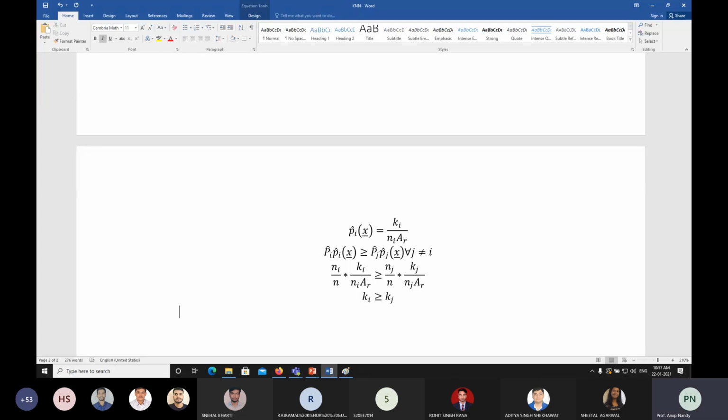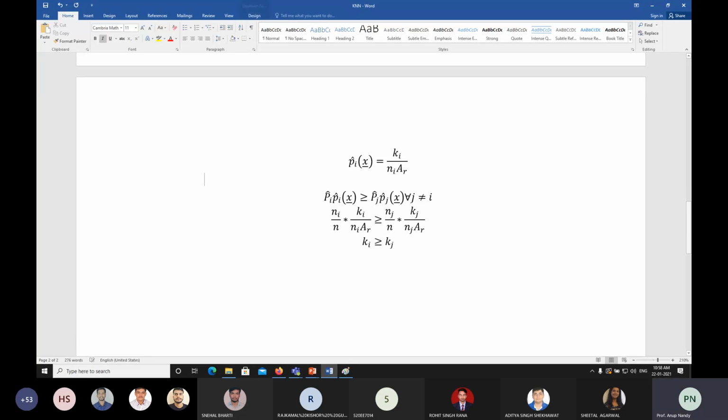If I write ki is greater than or equal to kj for all i not equal to j, then how are we going to classify the test point? Class i.